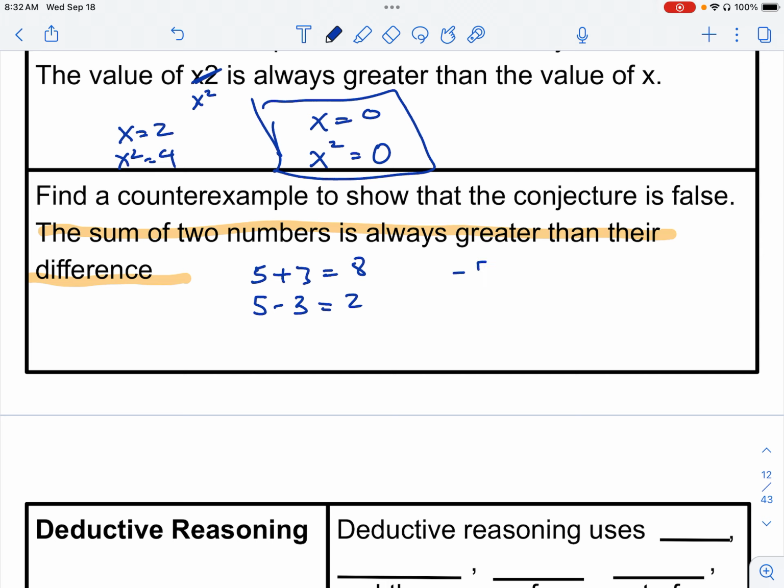So what if we did negative numbers? -5 plus -3 equals -8, and -5 minus -3 is going to equal -2, and -8 is less than -2, so our conjecture is false. And in the next video, we're going to pick up deductive reasoning.